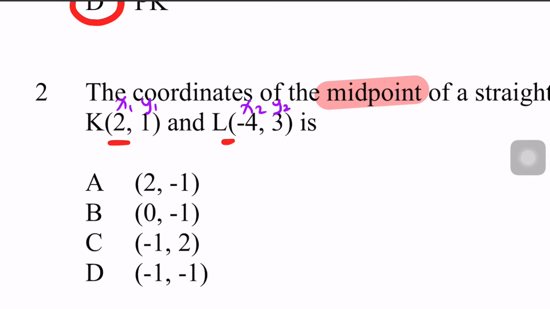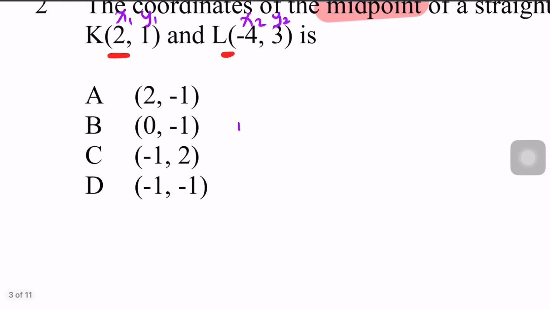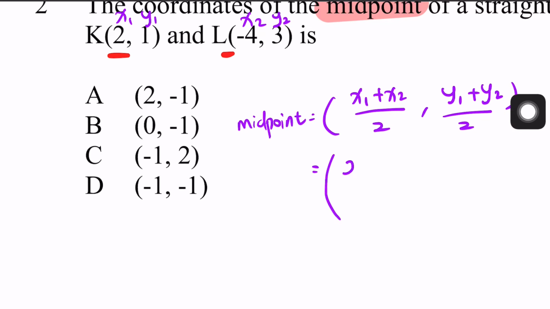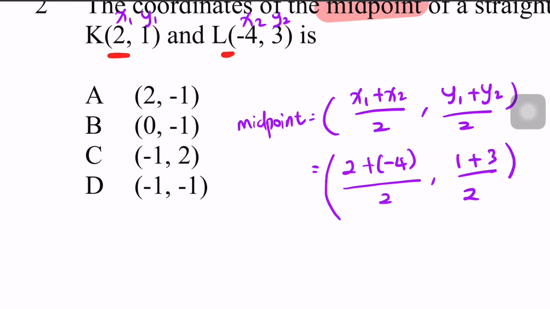The formula, kita ada midpoint is equal to x1 plus x2 divided by 2, y1 plus y2 divided by 2. So what is our x1? x1 is 2, x2 is negative 4. So we have 2 plus negative 4 divided by 2, and then we have 1 plus 3 divided by 2.